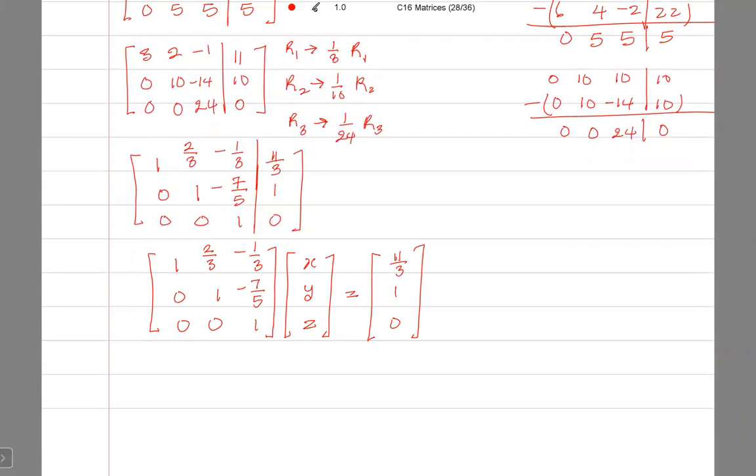In Cartesian form, we're going to have x plus 2/3y minus 1/3z is equal to 11/3, equation 1. We have y minus 7/5z is equal to 1. This is equation 2. And z is equal to 0. This is equation 3.